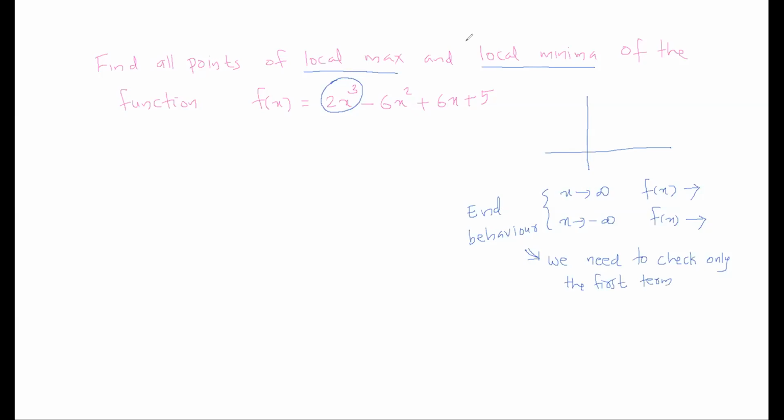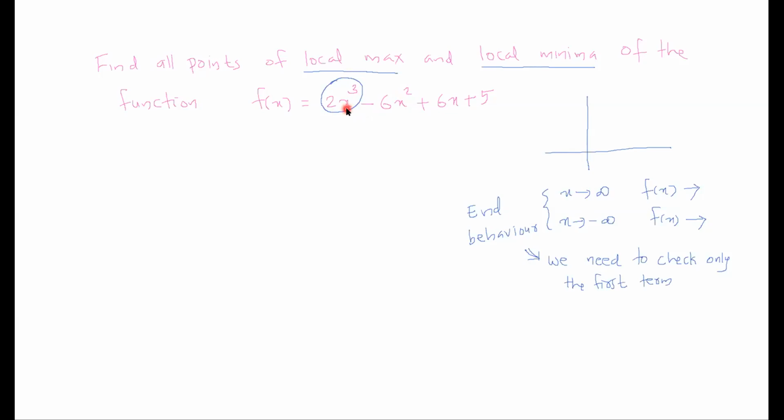Because when x is going to infinity, just for a simple example, give x the value 10. 10 to the power 3 is 1000, 10 square is 100. So even if x is only 10, you can see the first term is very big.